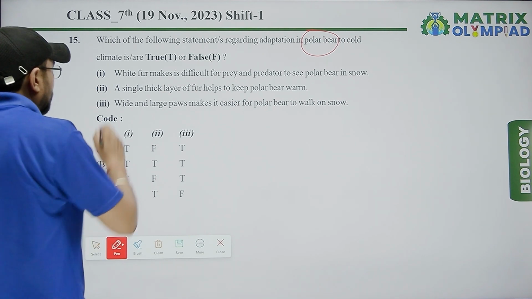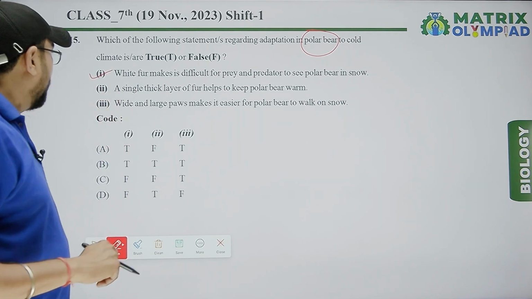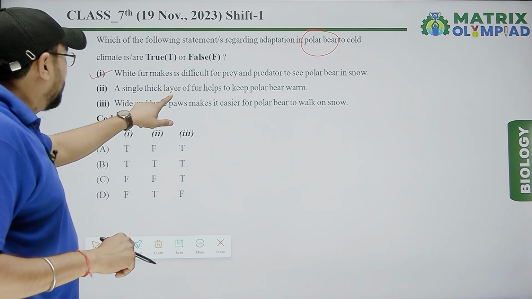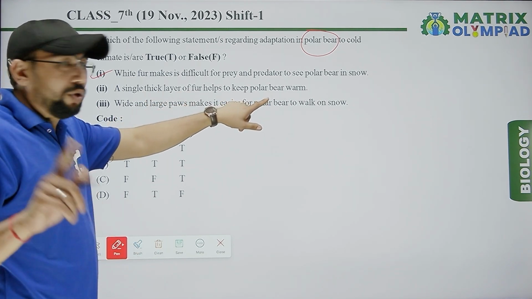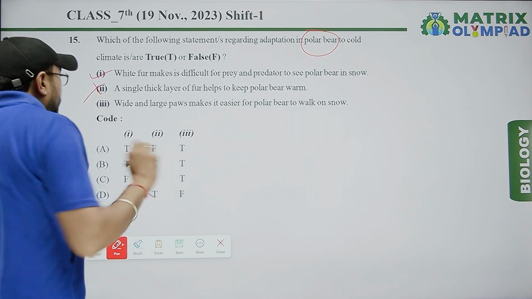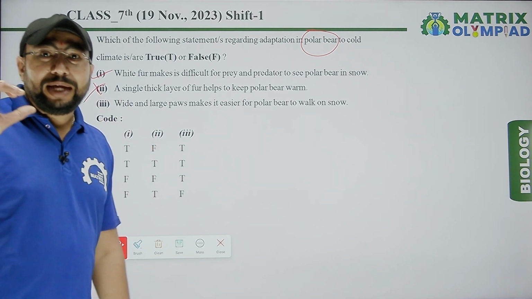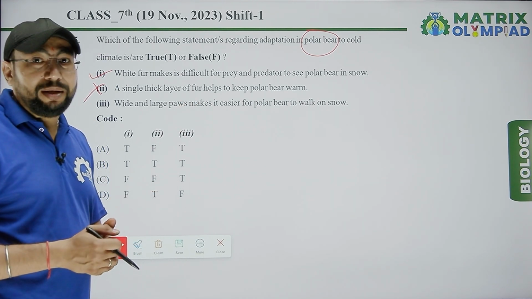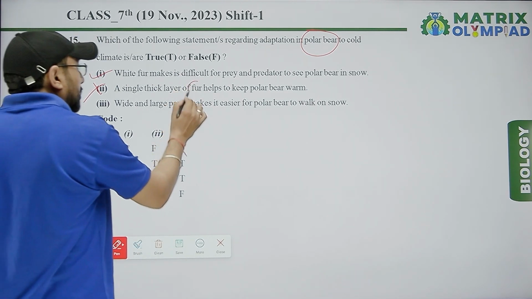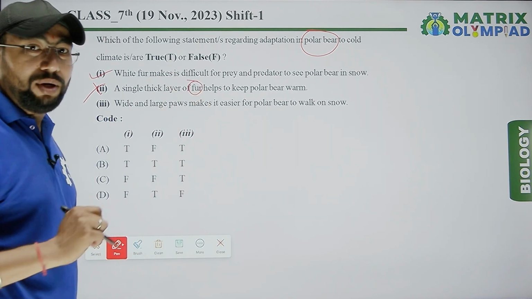That is right, the fur is white. A single thick layer of fur helps to keep the polar bear warm. Wrong, because blubber under the skin helps keep the bear warm. But this statement about fur is wrong.